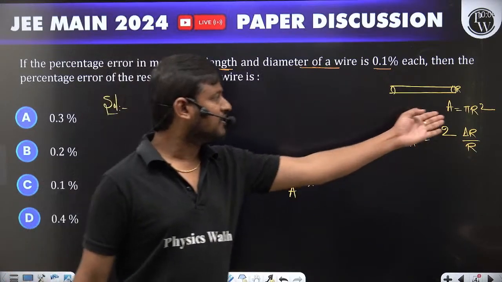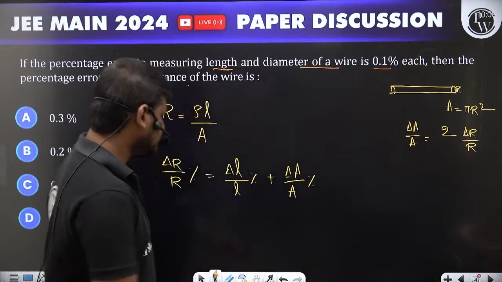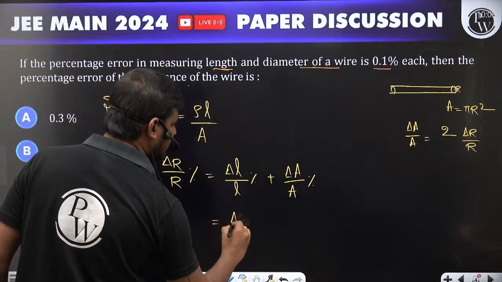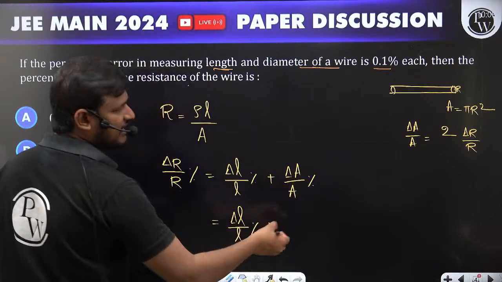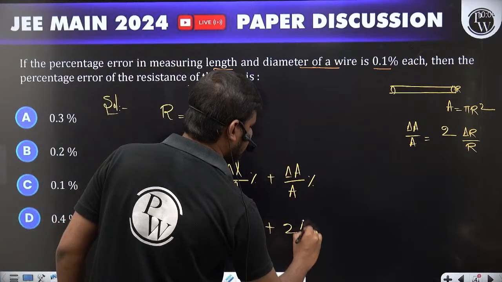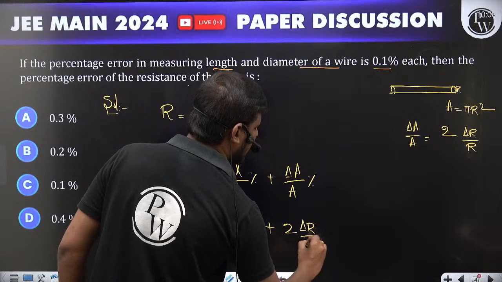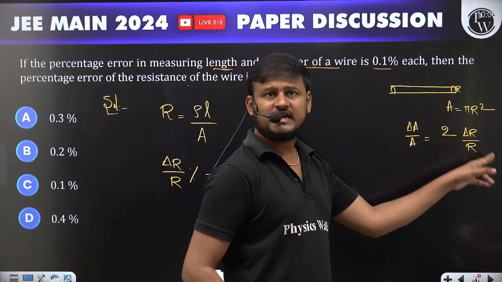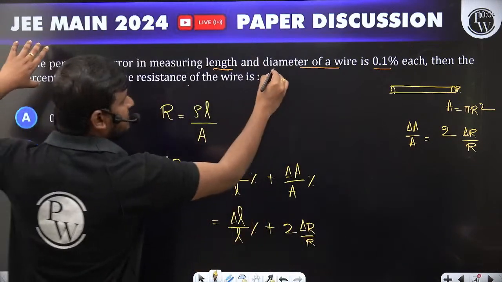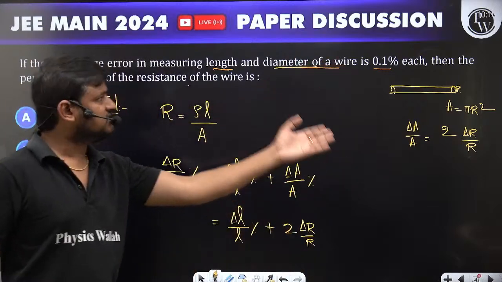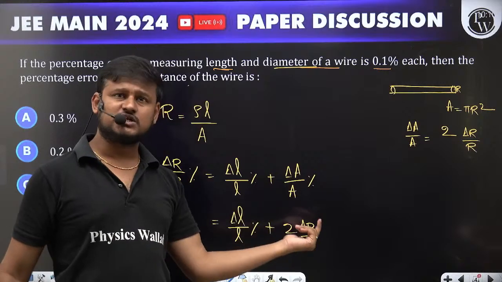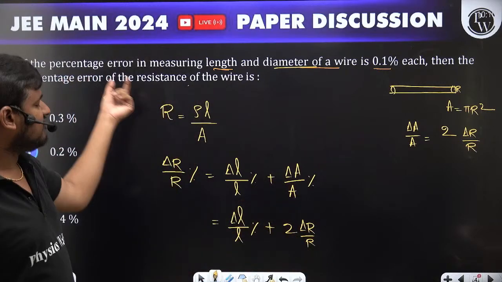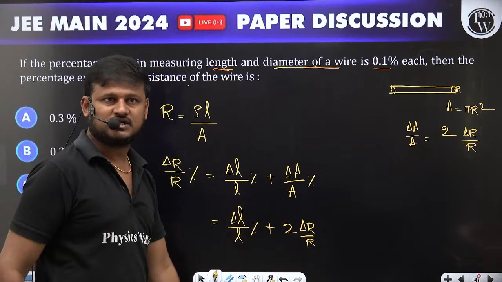However pi is a constant, right? So I am writing here delta L by L percentage plus, in place of delta A by A, I can write 2 delta R by R. What is this R? It's a radius. But here they gave the diameter. If the diameter has an error of 0.1%, obviously the radius also will have an error of 0.1%, right?